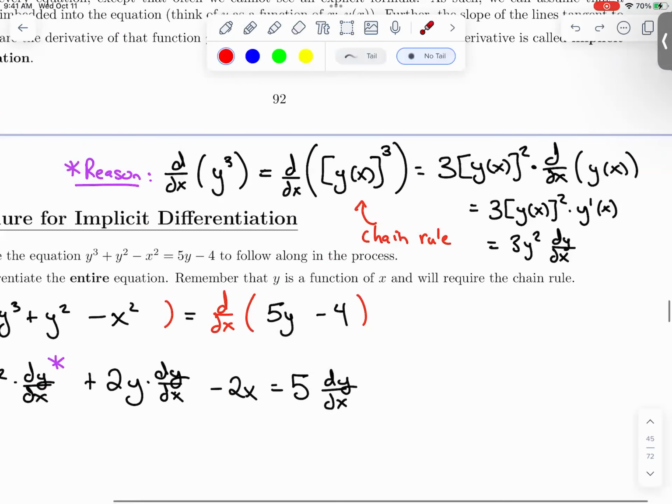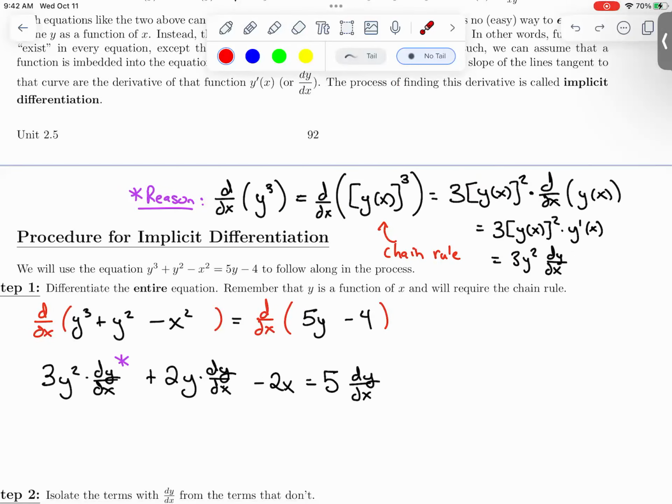So you really have y of x to the third power. The outer function is the third power, so you do a chain rule: 3 times y of x to the second power, times the derivative of y of x, which would be y prime. That's why it's 3y squared dy/dx.